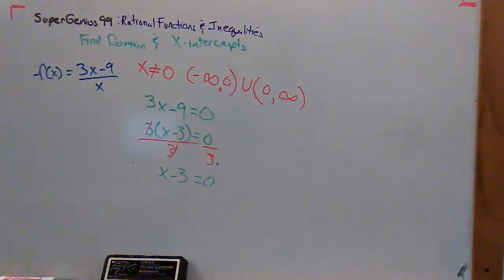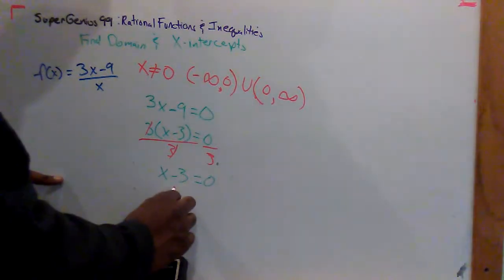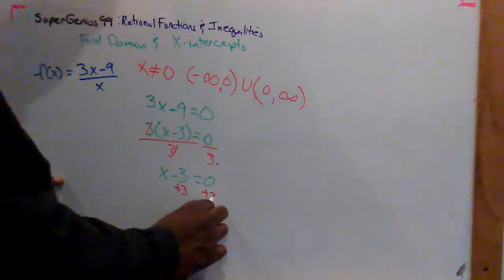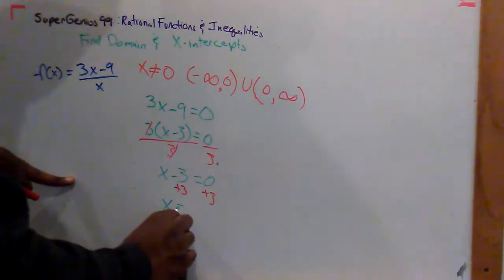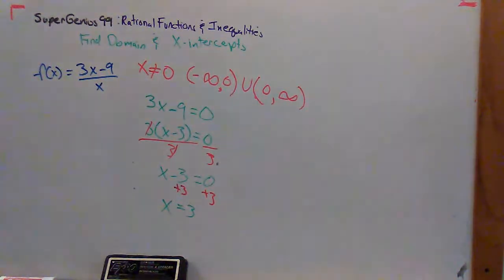Okay, and then if you add 3 to both sides, you will get x equals 3 as the intercept.